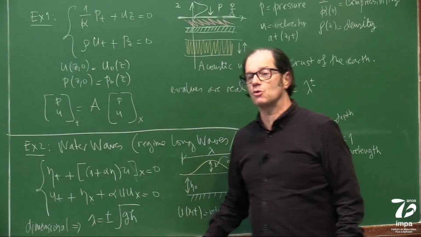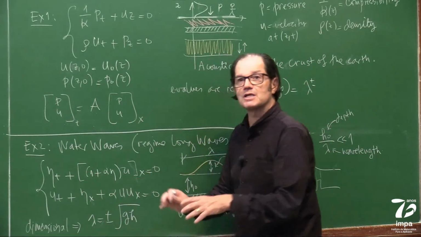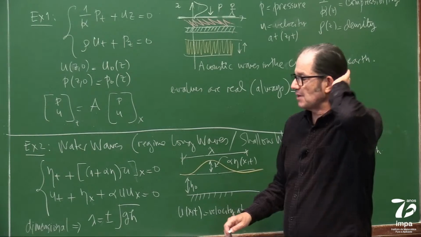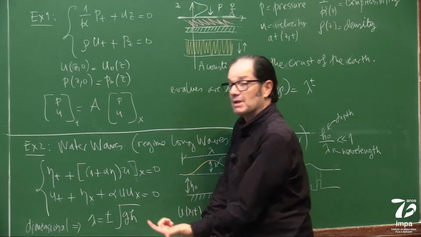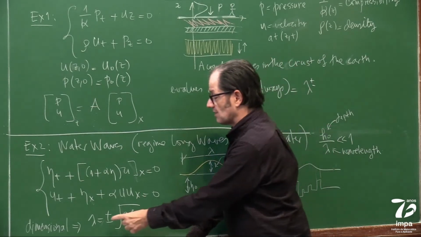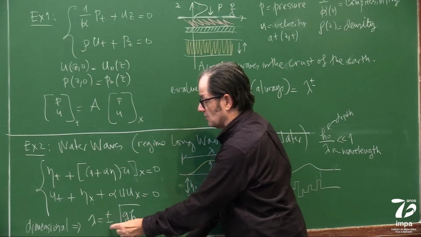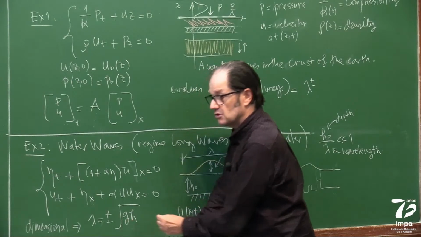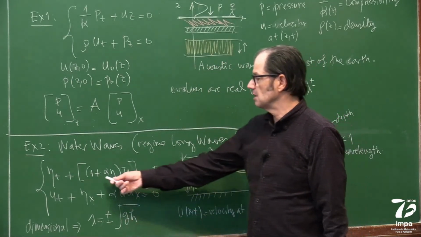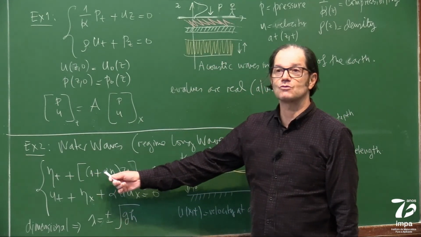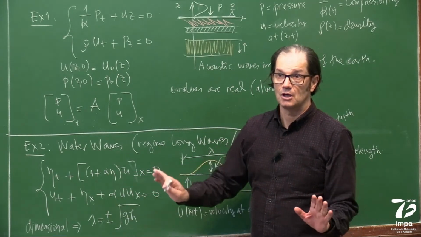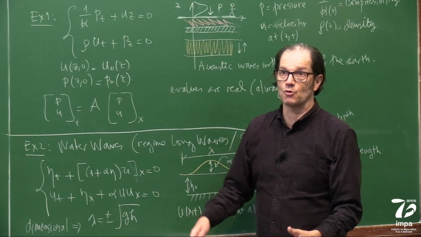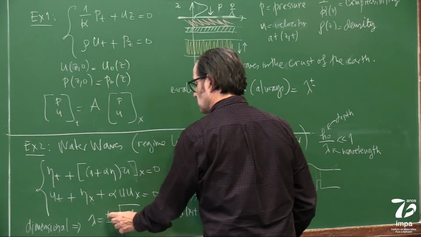In the dimensional case, there's no gravity here because we have scaled the problem. It's dimensionless, and that's why these parameters alpha appear. But in the dimensional problem, the propagation speeds are going to be the square root of gH. Here the propagation speeds are going to be plus or minus 1, because I have normalized the problem. Are you okay with that? Sorry, but I'm trying to put more information. So here, square root of gH.